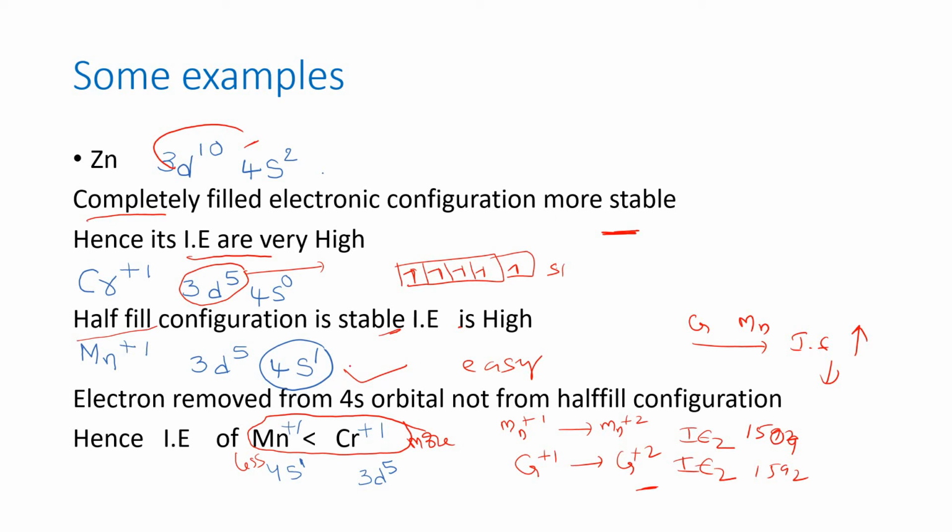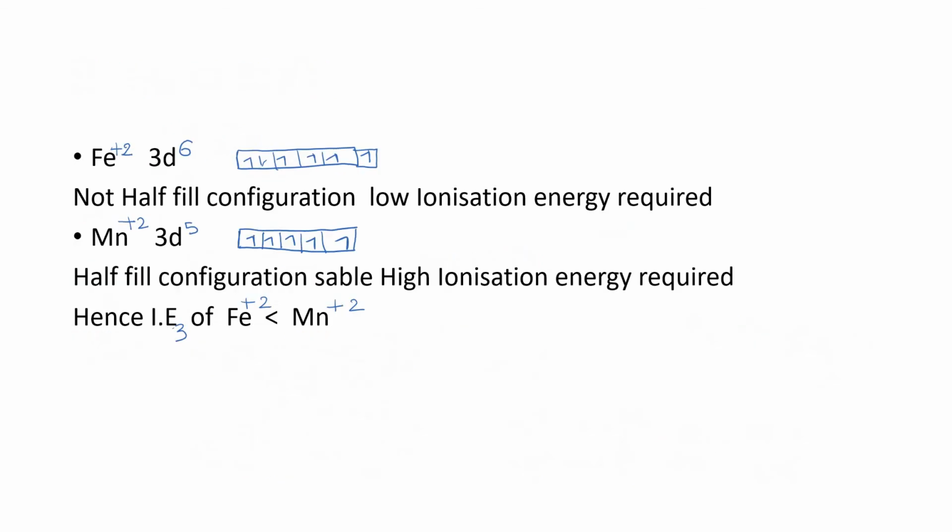Manganese has a 4s1 configuration, and removing this electron is very simple for us. That is the reason. So IE2 of manganese +1 is less than that of chromium +1. In manganese +1 we remove a 4s1 electron, which is very easy. In chromium +1 we remove a 3d5 electron, which is difficult to remove.